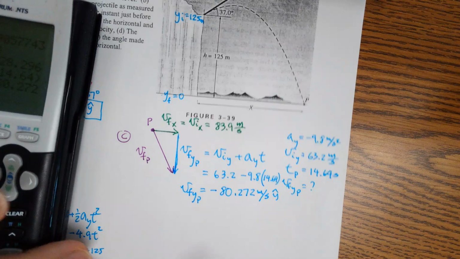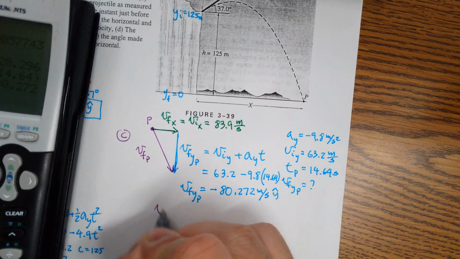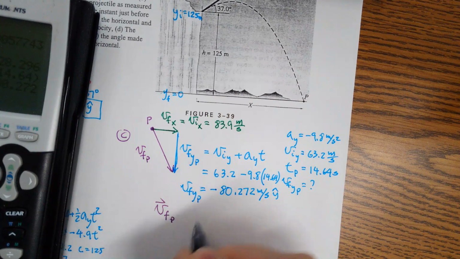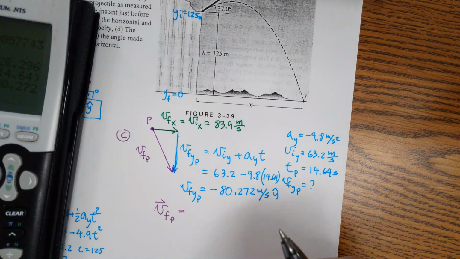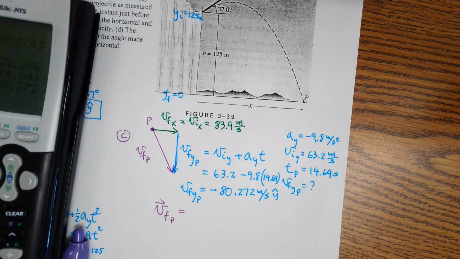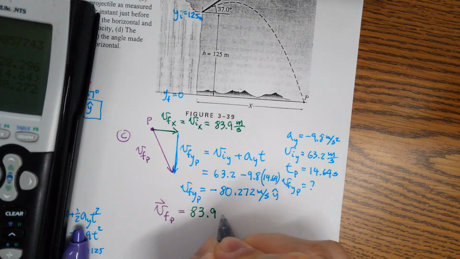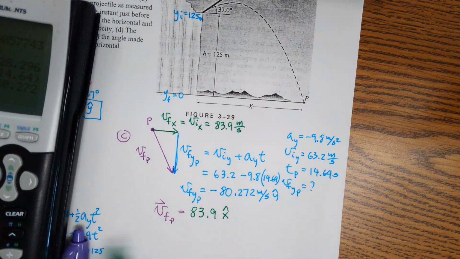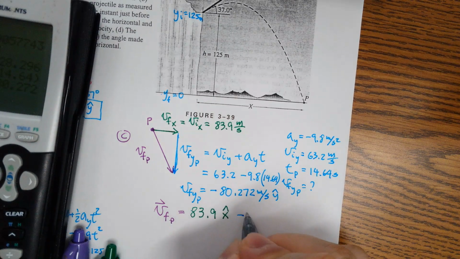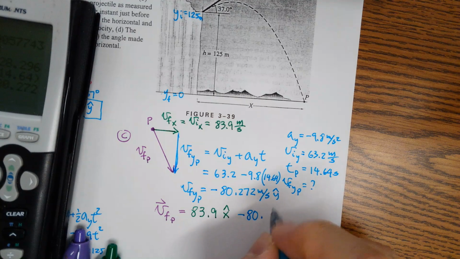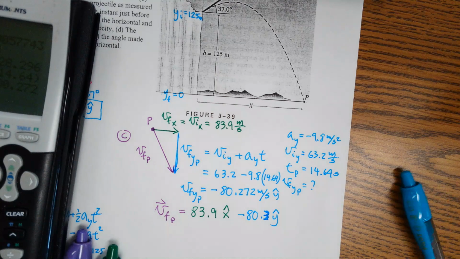That means my VF at point P is equal to 83.9 x hat minus 80.2, let's make it 80.3 y hat meters per second.